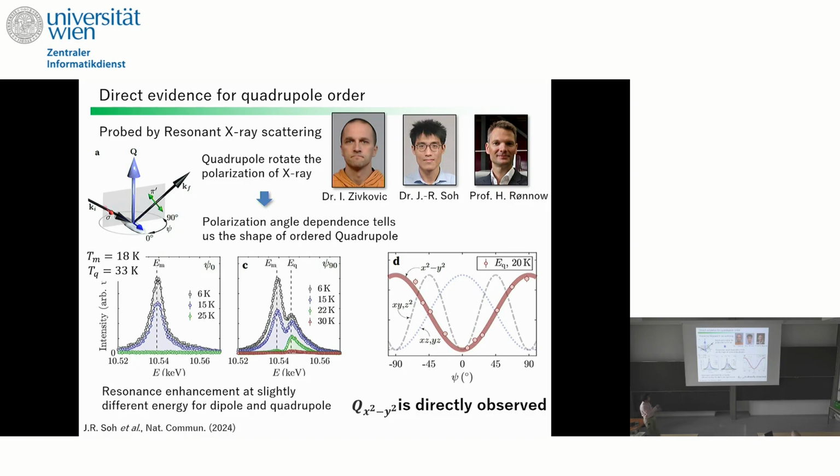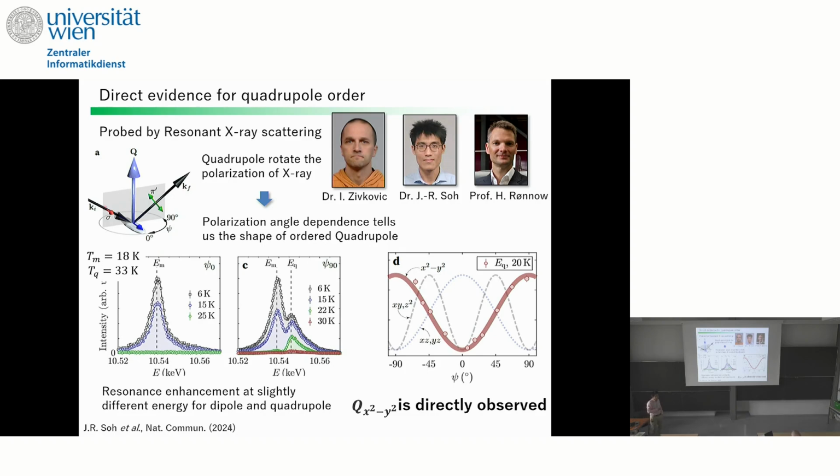So by detecting the polarization angle dependence of outcoming X-ray intensity, we can say what kind of quadrupole order exists in it. They beautifully did this experiment and found that the dominant x squared minus y squared orbital exists in this compound. Now we confirmed quadrupole order in this compound.